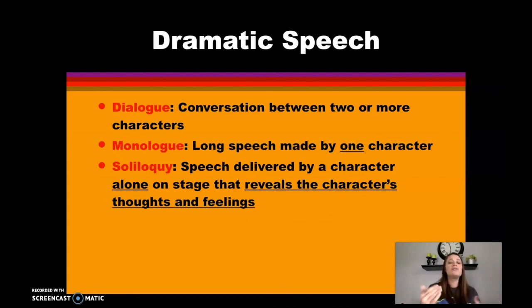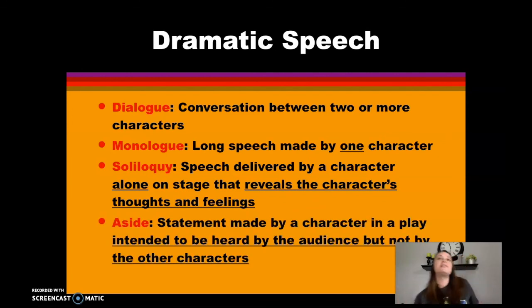Okay, so the big difference between a monologue and a soliloquy: in a monologue, the character knows they have an audience and they are talking to a group of people or one person. It's a very extended, long speech by one person, but they have an audience. In a soliloquy, the assumption by the character is, I don't have an audience, I'm just talking aloud, or I'm thinking aloud.